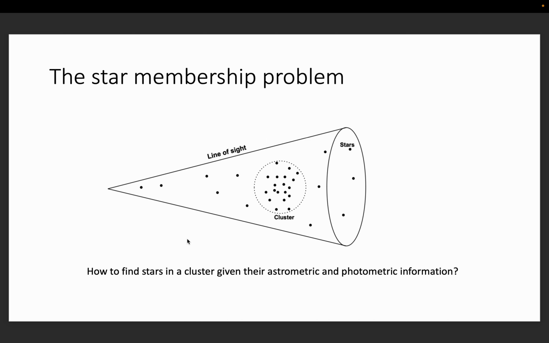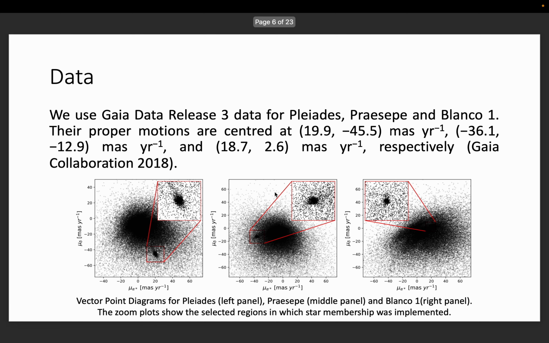The big general problem is that there are many stars in front of the cluster and behind the cluster. So how do we obtain only these stars? It becomes a specific and classic problem, and there are many techniques to tackle this kind of problem.